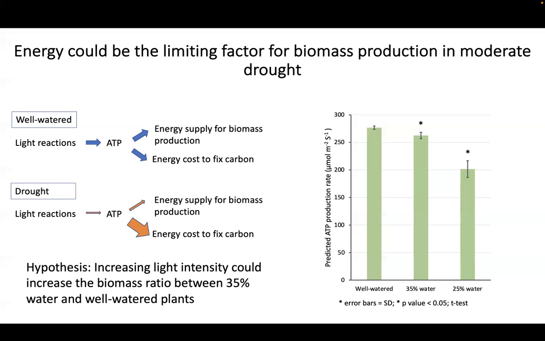So we come to a hypothesis that if we increase the light intensity, we could improve the biomass production under the 35% water condition.